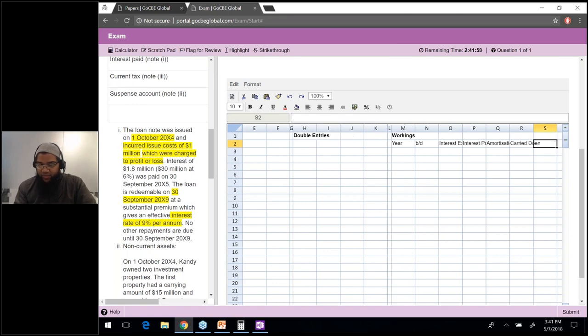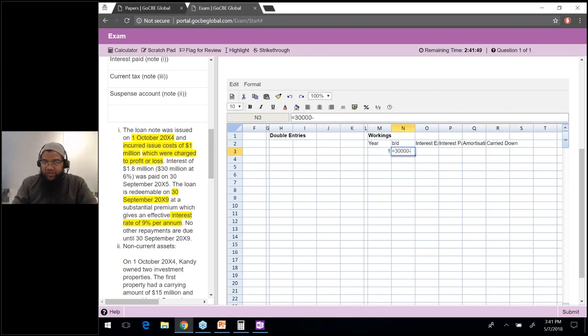Now this is a table that we normally prepare and we call this an amortization table, where in year one, the loan was actually 30,000 minus the issue cost of $1 million. So the brought down should be 29,000, and the question has mistakenly expensed out the transaction cost.